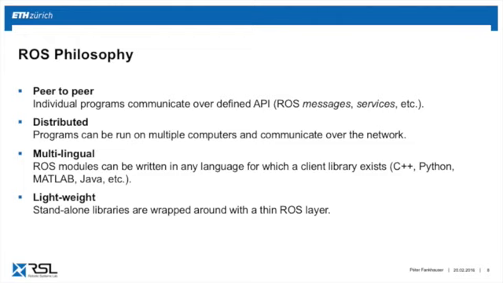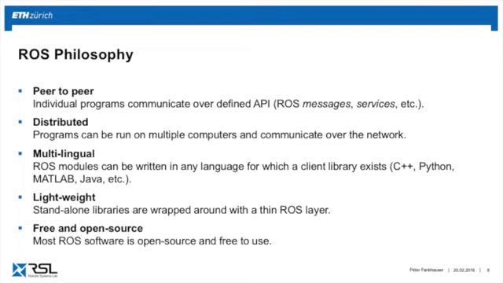The idea is that you take existing standalone libraries and wrap them with the ROS layer, such that you enable existing algorithms to communicate and work together with other tools on your robot. And finally, ROS is great because it's free and open source. So to the very core, you can dive in and check for things. And if you find a bug, you can file an issue or actually fix it yourself and do extensions of ROS.